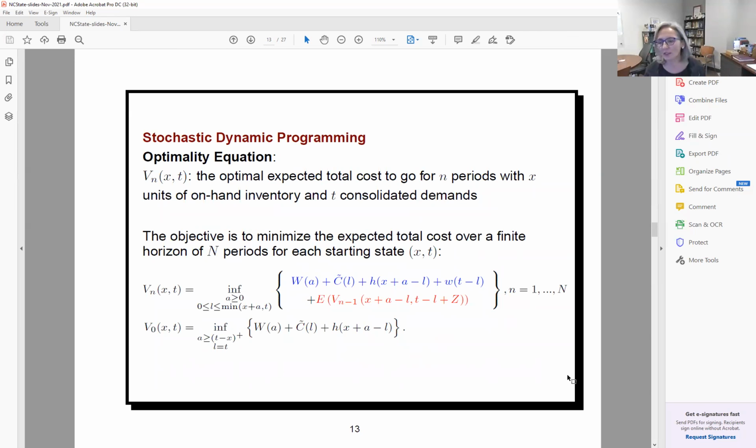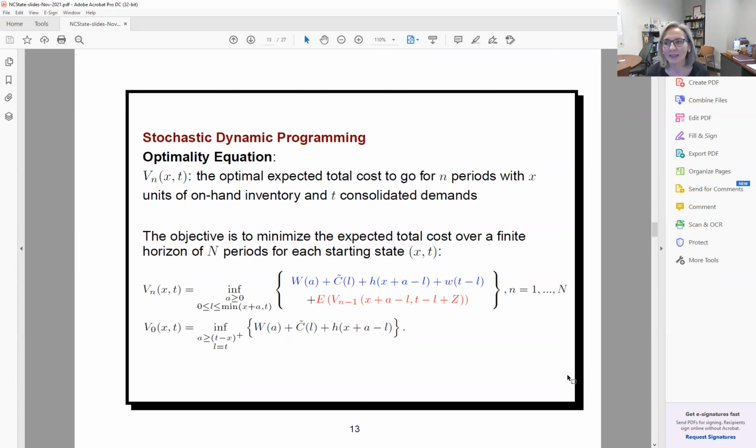With this notation, we have the dynamic programming formulation, cost to go function, keeping with the traditional way of denoting things in dynamic programming. The cost to go function is denoted by capital B. Index N is for the period. We analyze the problem using the backward approach of stochastic dynamic programming.